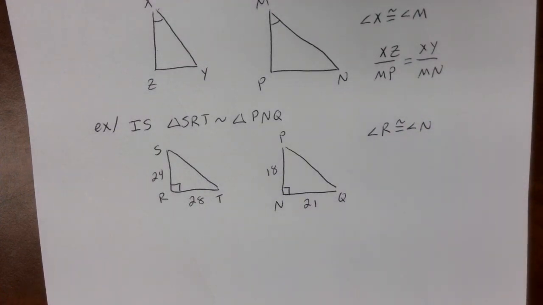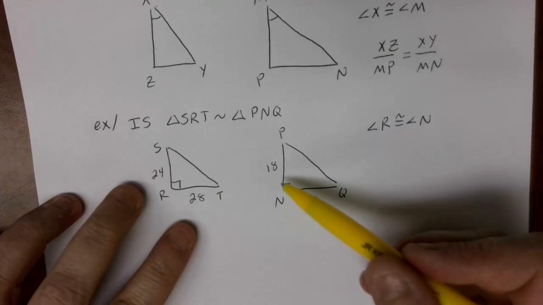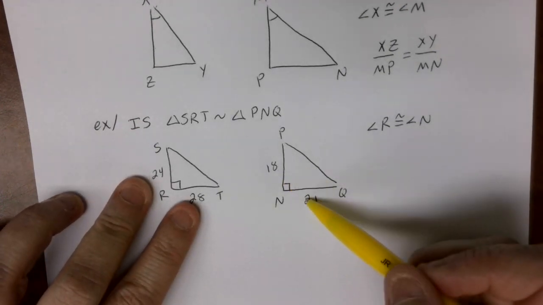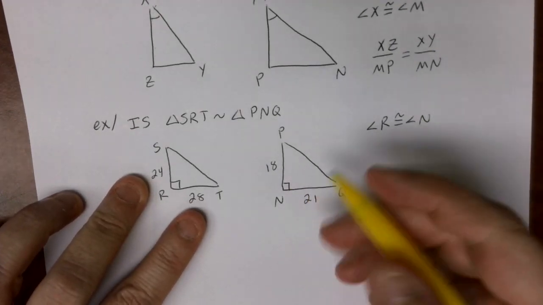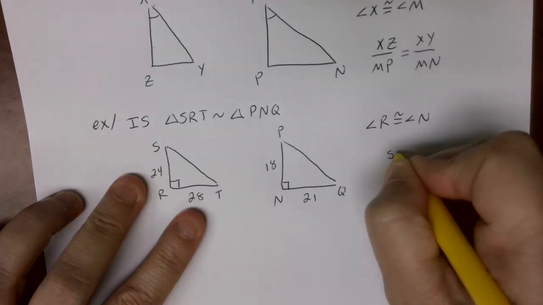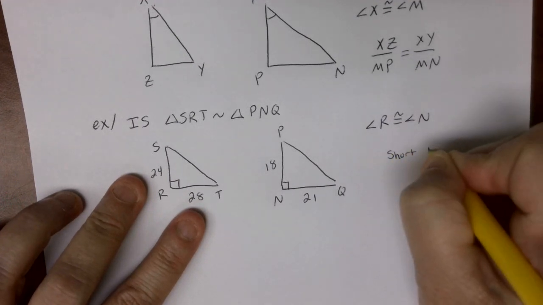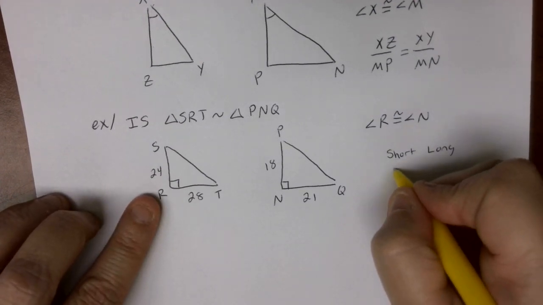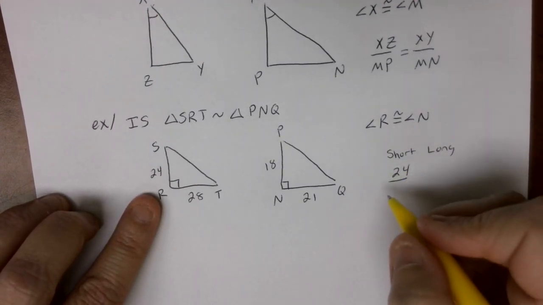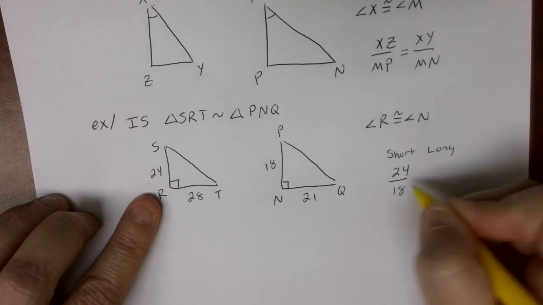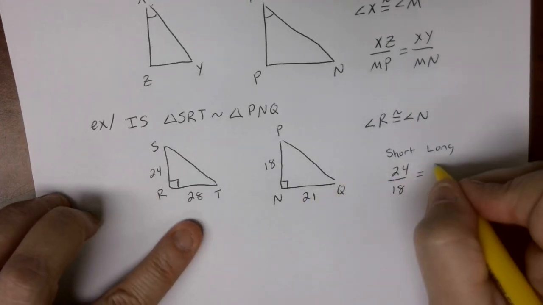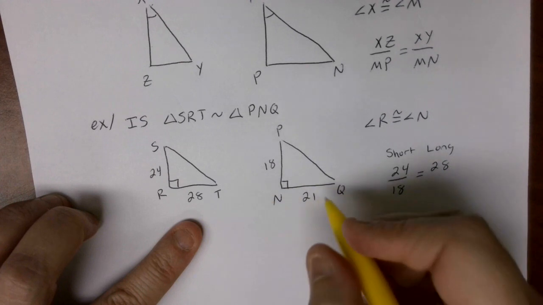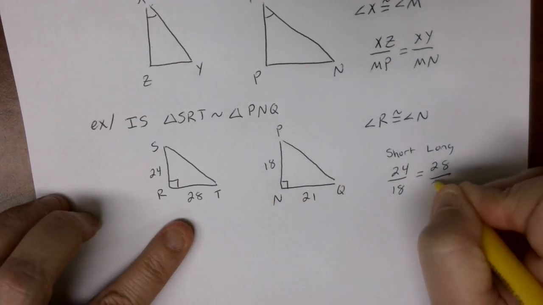Now we have to check and see if the sides are proportional. Remember, this has to be the two sides touching the right angle, which it is for both. So since we actually know what these are, we can do maybe short first and then long. So the short side on this one is 24 over the short side on this one, which is 18, and see if that's proportional to the long side on the first one over the long side on this one.